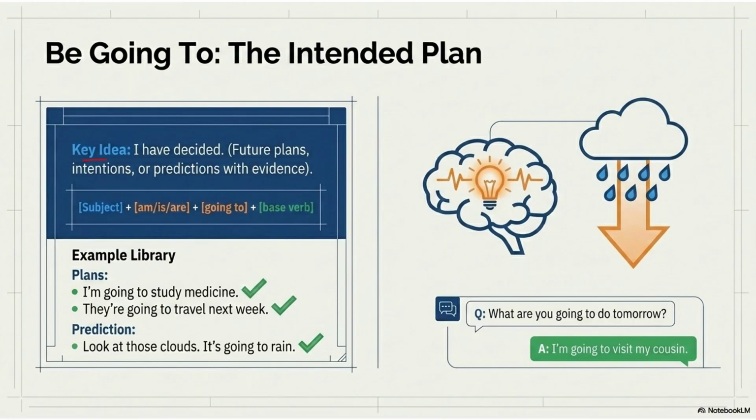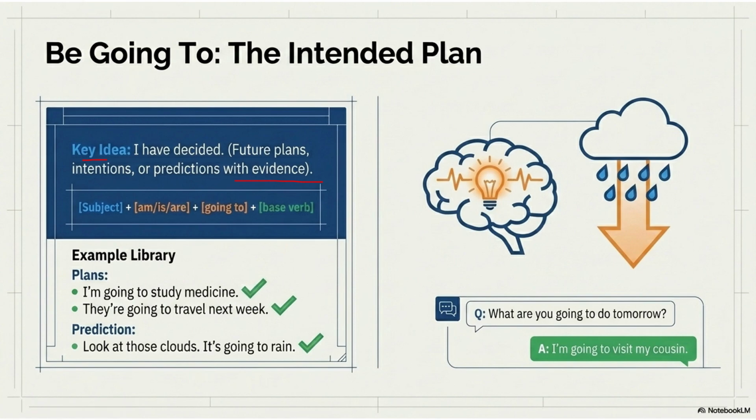Future plans, intentions, or predictions with evidence. That means that I made a decision. It was not a decision that I took at the moment. It was a decision that I took in the past. But I only have the intention. It is not arranged. It is not fixed.